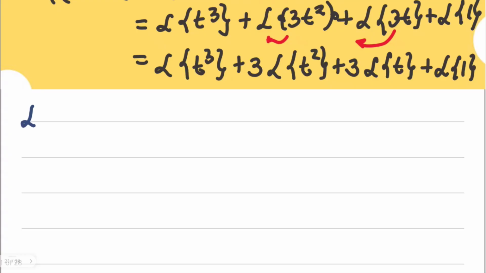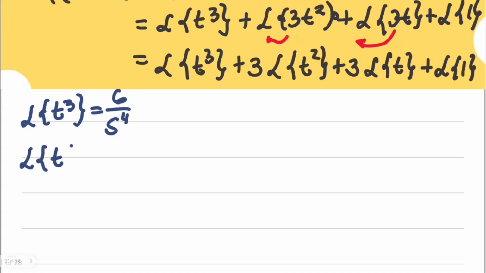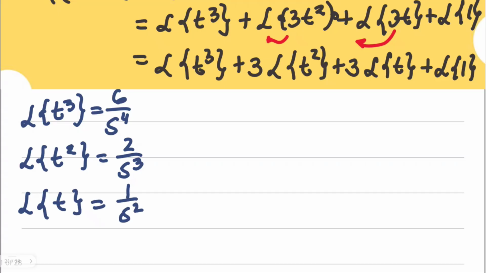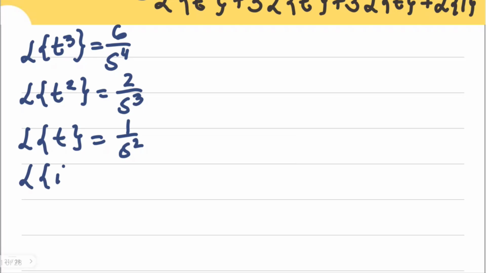The Laplace transform of t cubed is equivalent to 6 over s to the power of 4. As for the Laplace transform of t squared, it's equivalent to 2 over s cubed. The Laplace transform of t is equivalent to 1 over s squared, and the Laplace transform of a constant 1 is 1 over s.